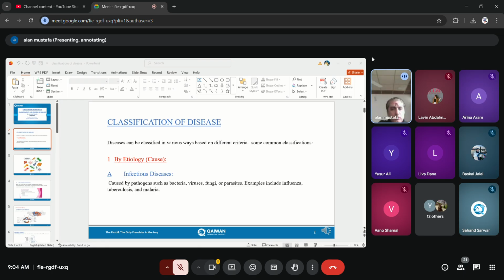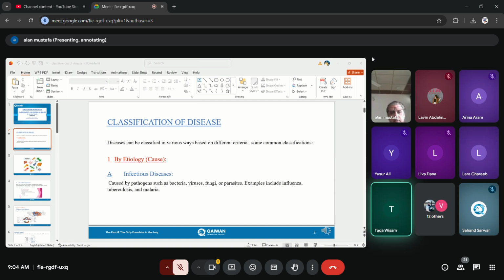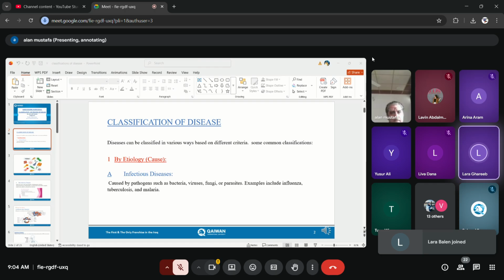Why should we know what kind of disease this one or the other one is? I think it's to know the type of the disease. Yes. And which stage it is, or the level, and so on, so that we can find the right solution for it.